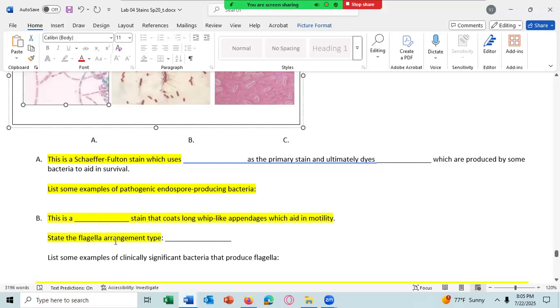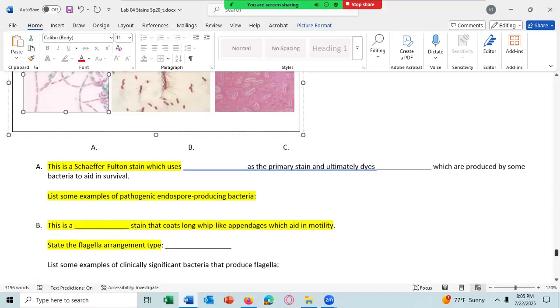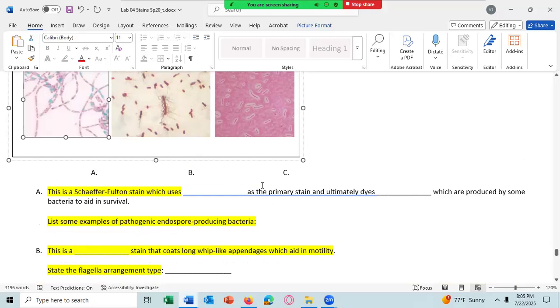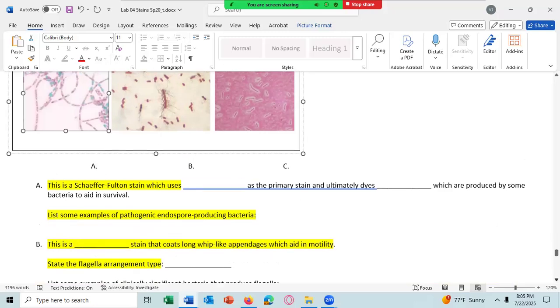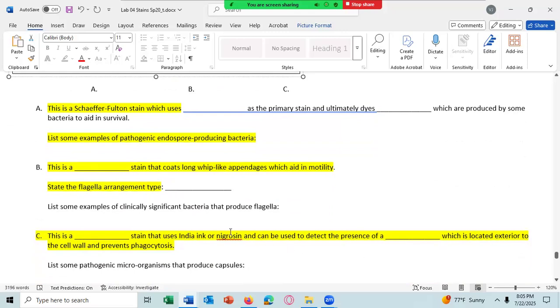And then state the flagella arrangement type for the cell shown in 2B here. And then list some examples of clinically significant bacteria that produce flagella. You can find that in the lab module as well as online.